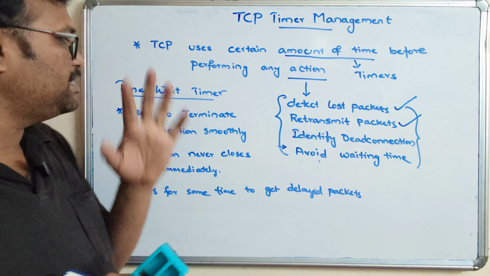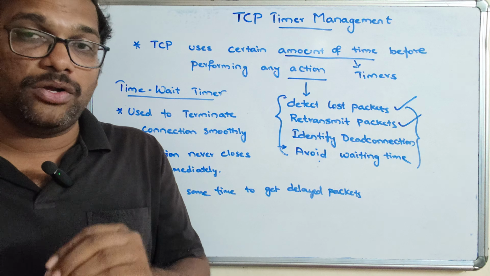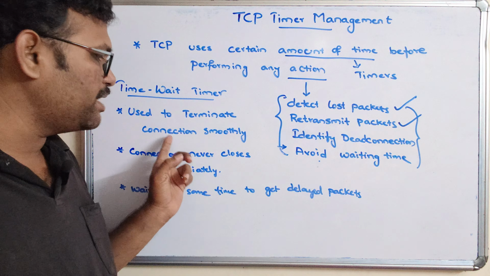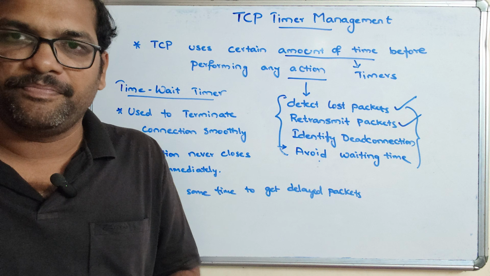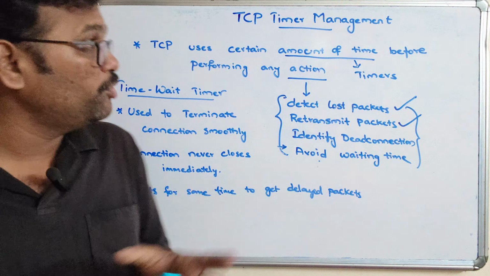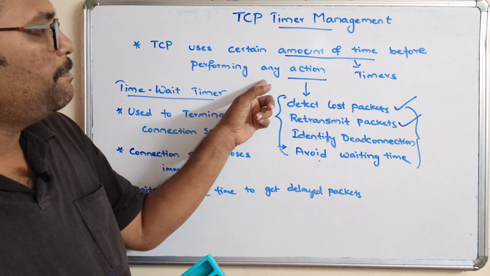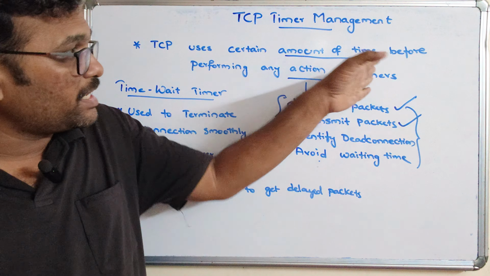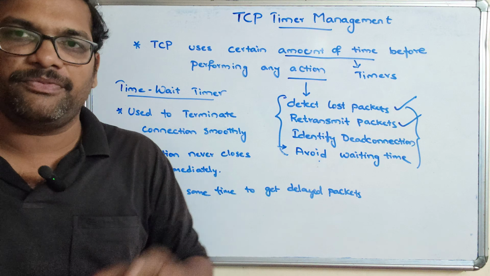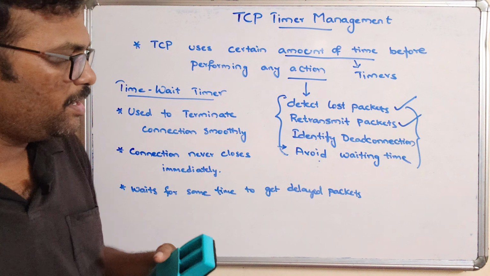So for that, this is the time wait timer, in order to close or terminate the connection smoothly, right? So these are all the different timers that will be used by the TCP protocol. These are the timers used before performing any action, and TCP will be taking care of it. Okay, so hope you understood this one, and I'll stop here.